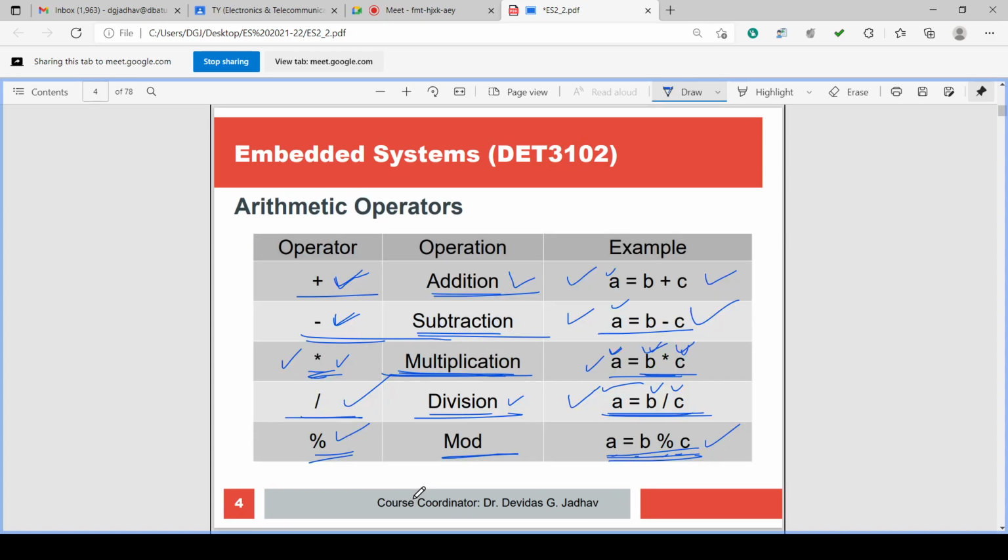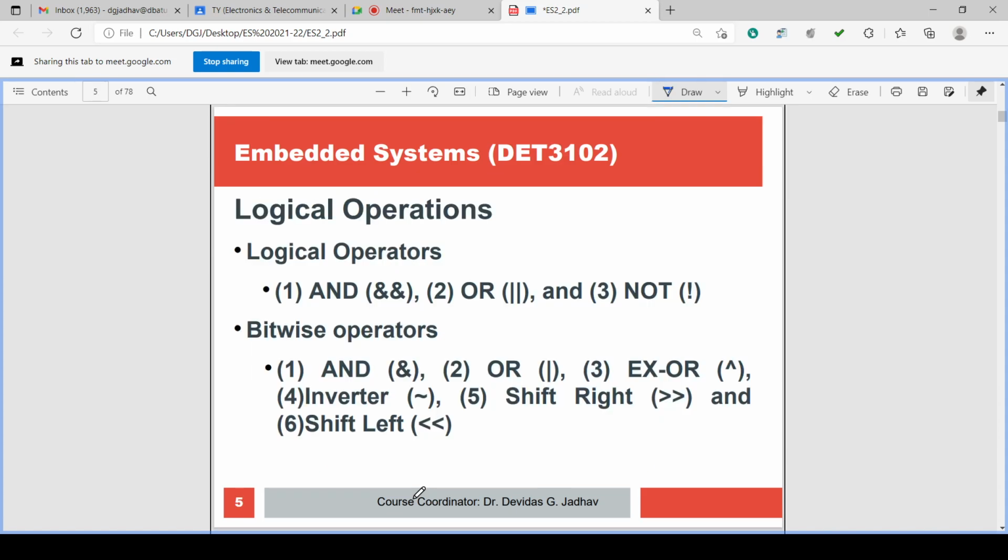We have seen the arithmetic operators, and we have used them in the programs also. Then logical operators.